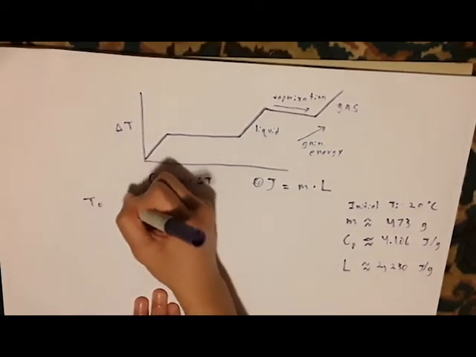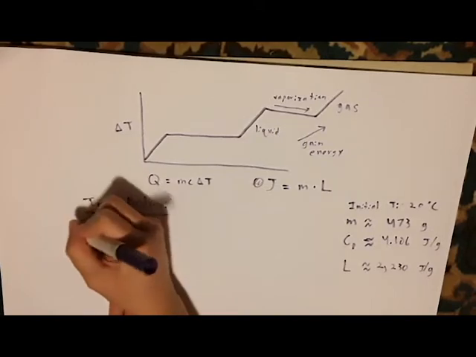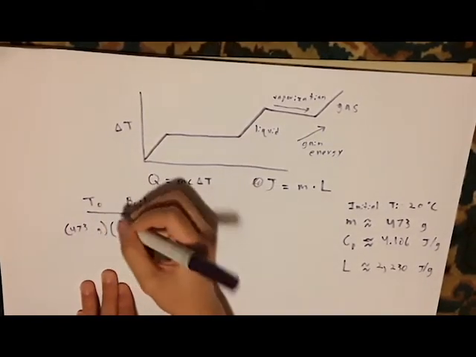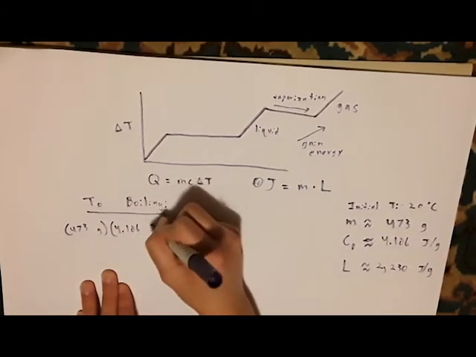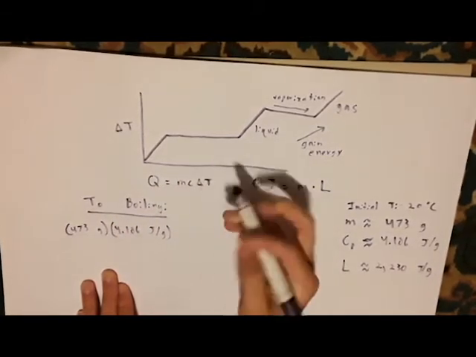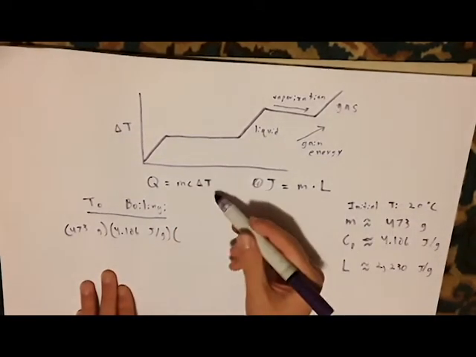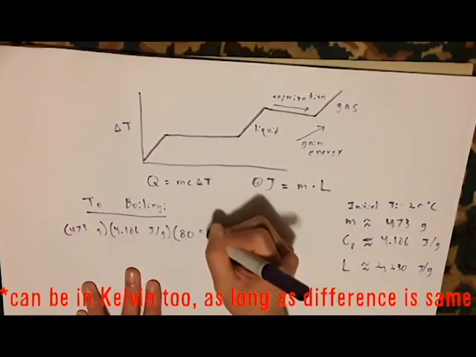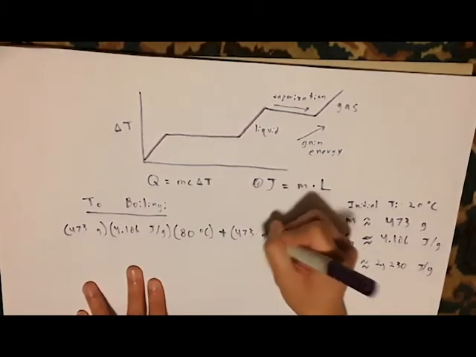And then we're going to put these equations together to find how many joules it takes for the water to boil. So with 473 grams multiplied by the specific heat of water times the change in temperature, we're going to be going from 20 Celsius to 100 Celsius, because that's what temperature it must be to boil, and that'll be an 80 Celsius difference.